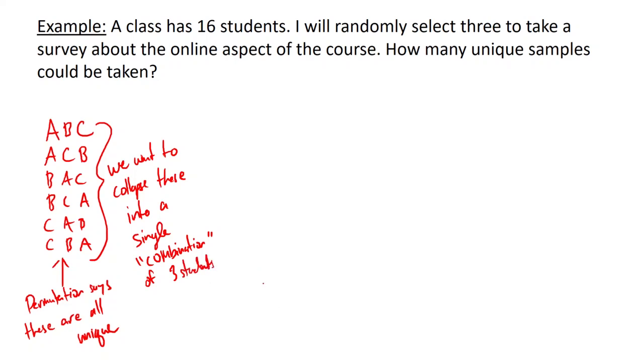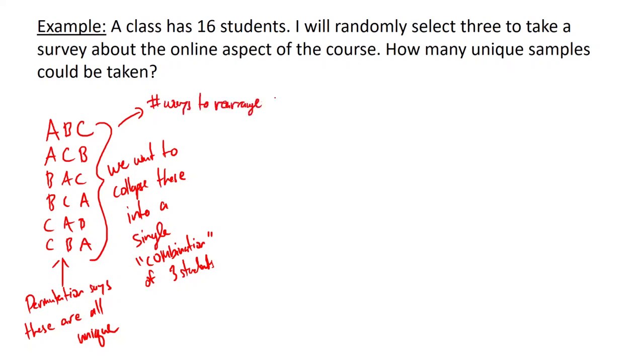It's like, okay, I get it. They are rearranged, and if I cared about rearrangements, they would all be unique, but right now I don't care. So I want to collapse them all into one single combination. Well, how many ways can you rearrange 3 things?